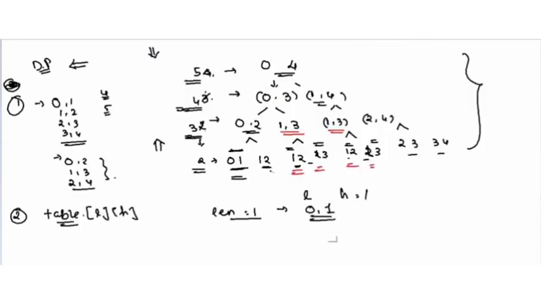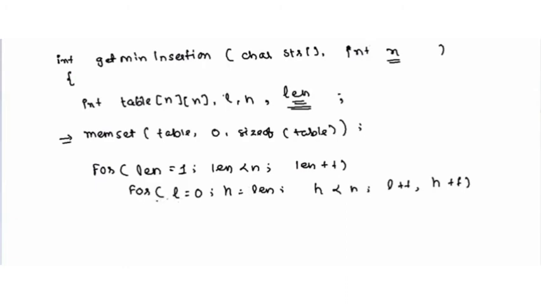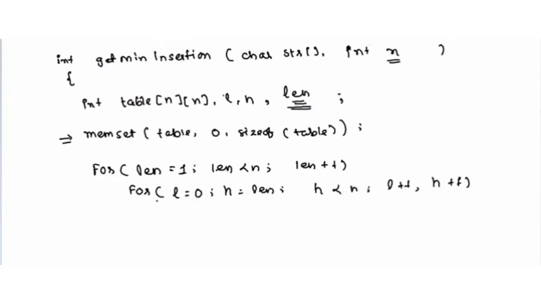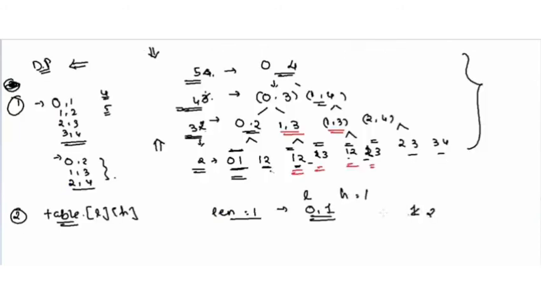So you'll get 0 and 1. In the next iteration, L plus plus becomes 1 and H plus plus becomes 2. So you will get L, H as 1 and 2. Then L equal to 2, H equal to 3, and L equal to 3 and H equal to 4.